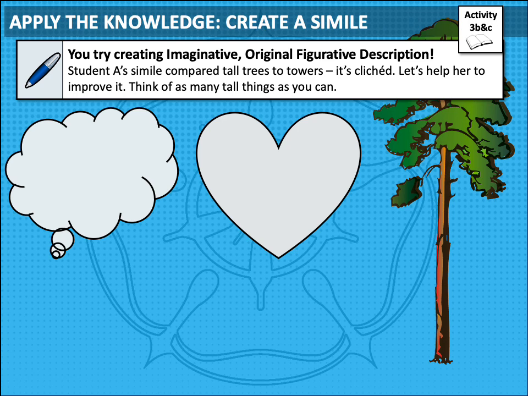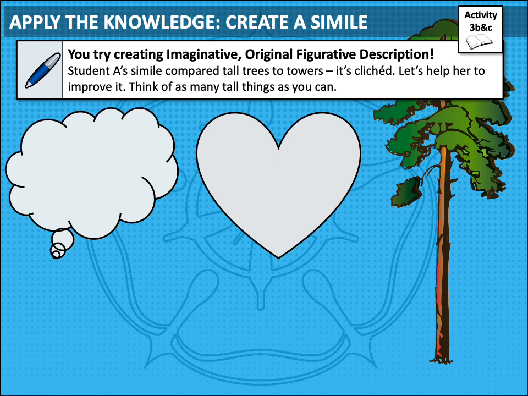It's not a bad simile, but we've all heard it before. It's a cliche. So let's see if we can help her to improve it. She's trying to tell you something about the tall trees, how tall they are. So let's start thinking of as many tall things as we can. And let's write them in the thought bubble.